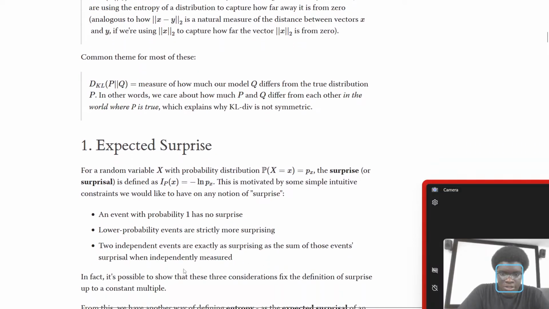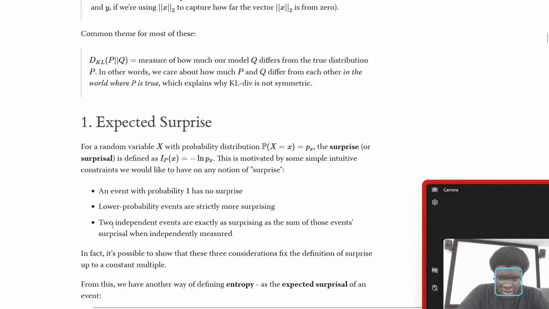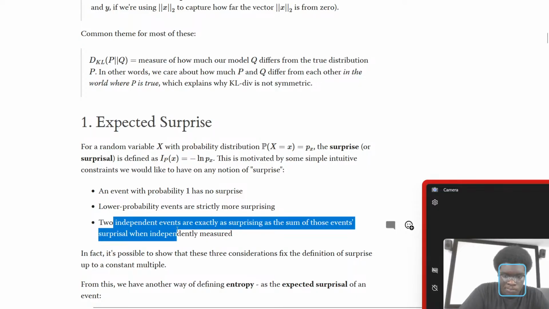Yep. Okay, so that goes back to what we were talking about earlier. The information is just negative log P. And yeah, oh okay, this is actually something I didn't know. Two independent events are exactly as surprising as the sum of those events' surprisal when independently measured.